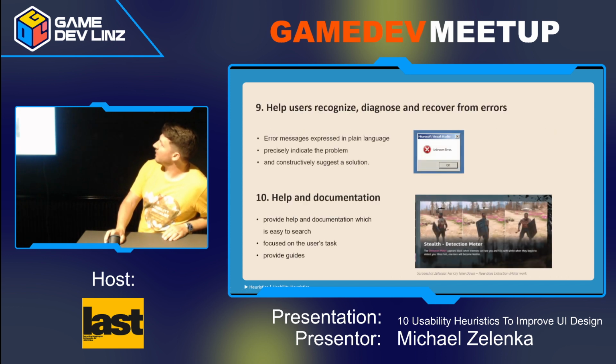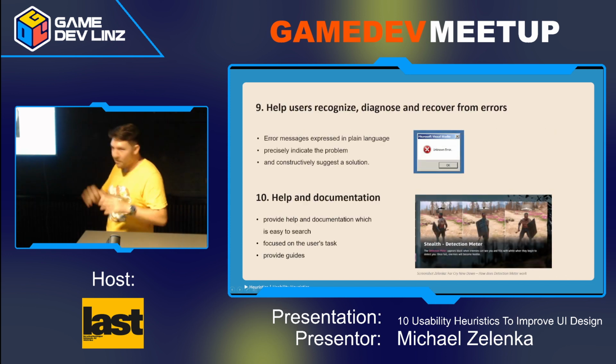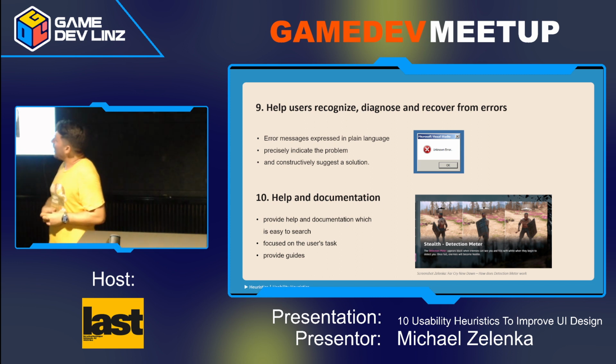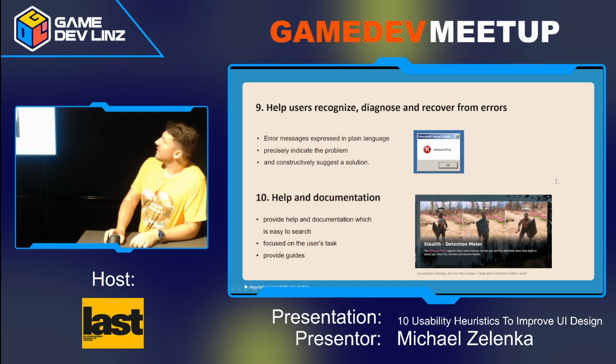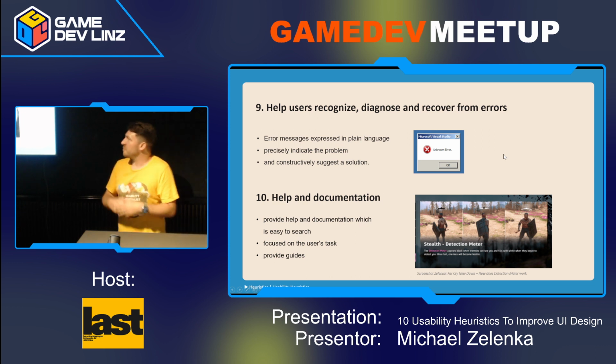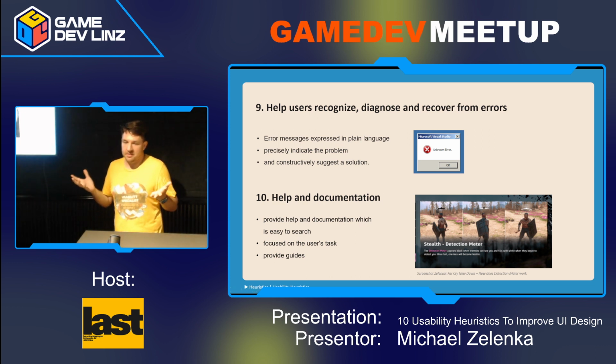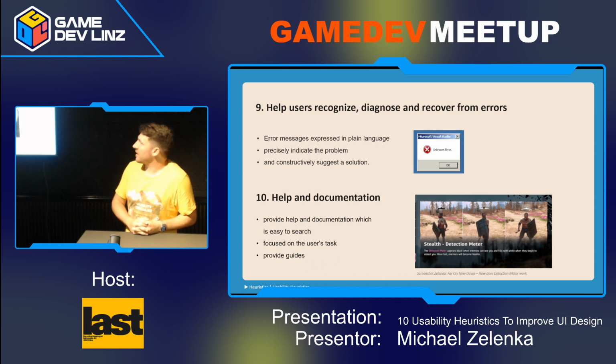Number 9 and 10, and then we're done. Help users recognize, diagnose, and recover from errors. Don't use errors like this, because the players cannot do anything about that. They cannot report it or something like that.